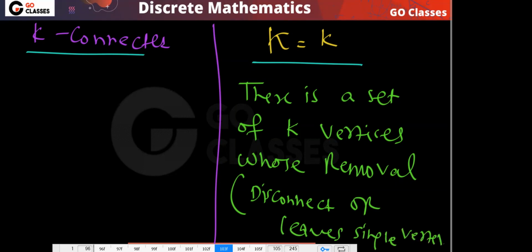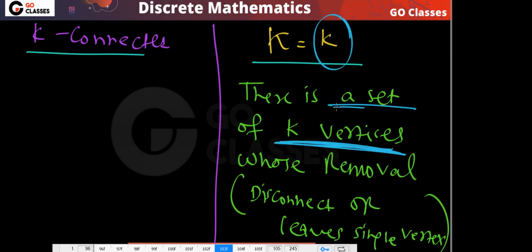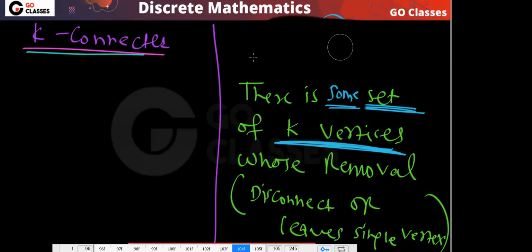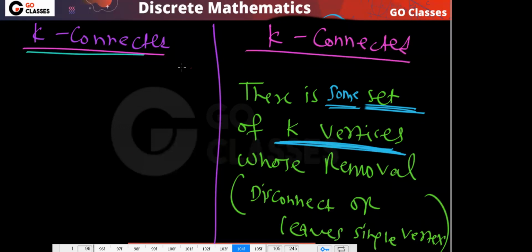Correct or not? If your kappa is k, you can definitely say there is some set of k vertices whose removal will definitely disconnect the graph. But for k connected, you cannot guarantee this statement.